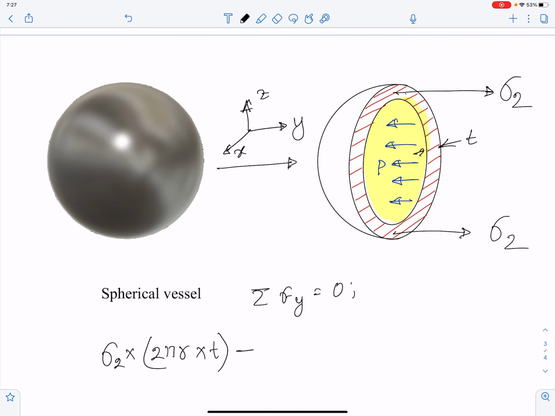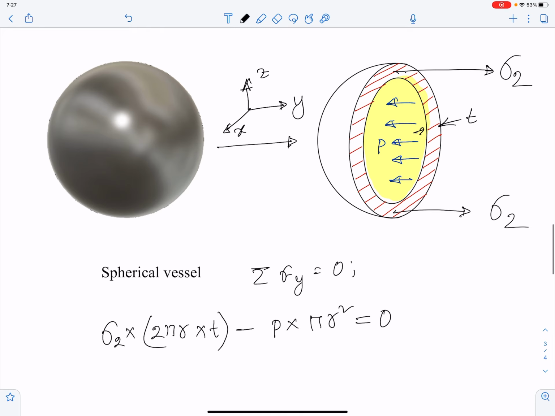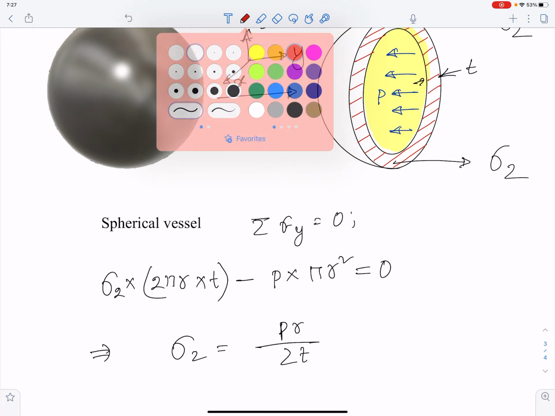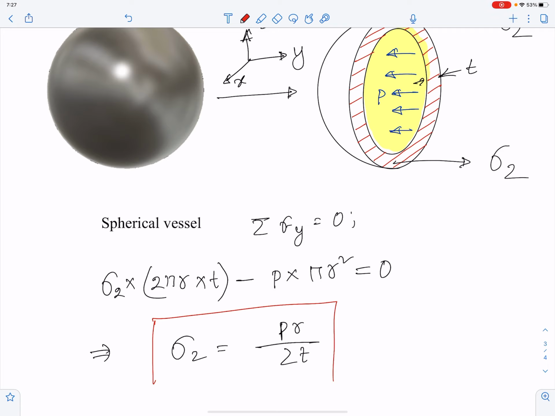Minus the pressure, which is in the opposite direction, pressure times the area, pi r square, equals 0. If we solve this, we get sigma 2 equals pr divided by 2t. So for a spherical pressure vessel, there is no sigma 1, it would be only sigma 2, which is the longitudinal stress.